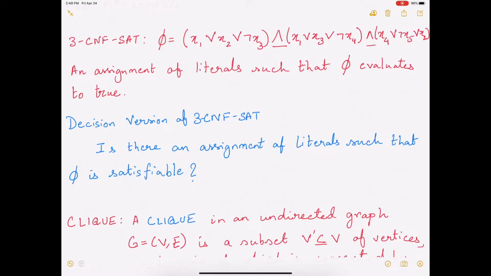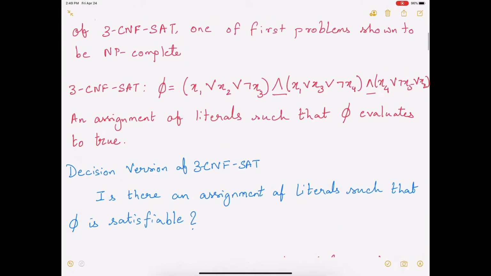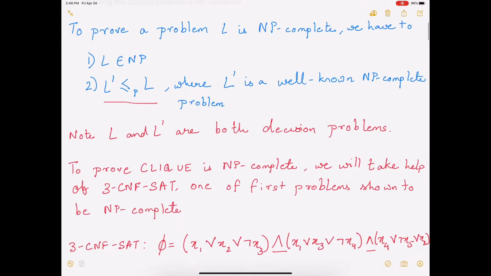We're just answering the question of whether there exists an assignment of these literals such that phi is satisfiable. So it's a much simpler question than solving the problem itself. This is our well-known NP-complete problem, L prime. So that's what 3CNF SAT is.